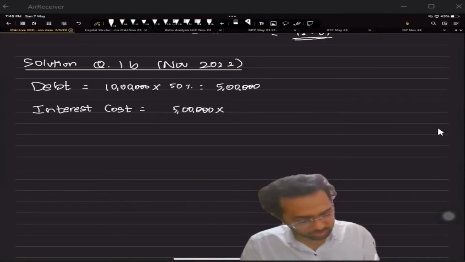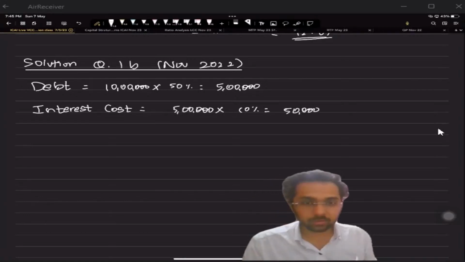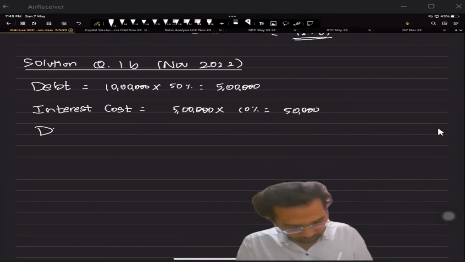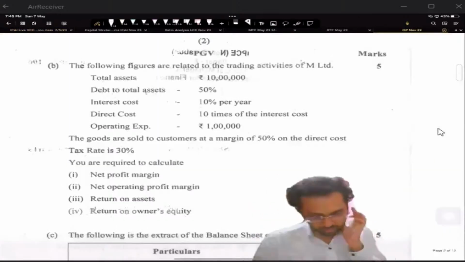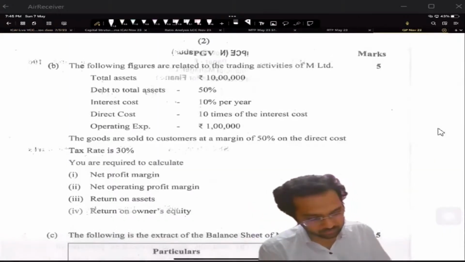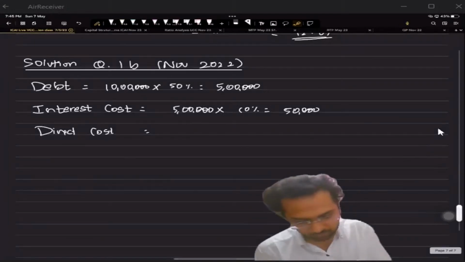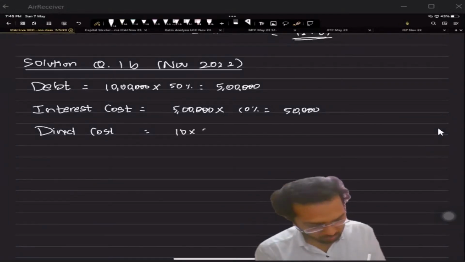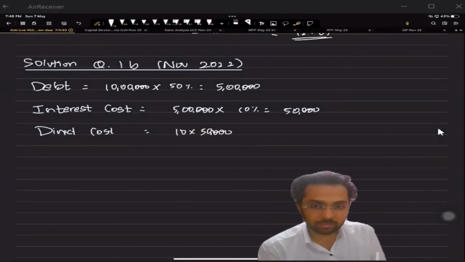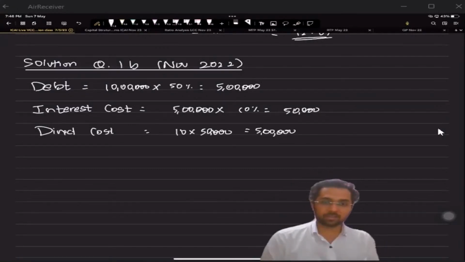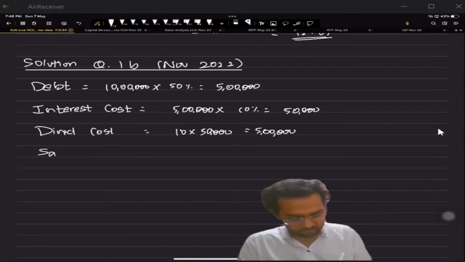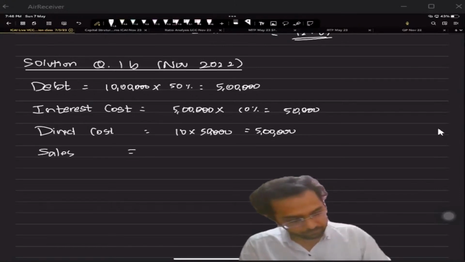On this 5 lakh, the interest cost was 10%, which is 50,000. Also, direct cost is 10 times of the interest cost, so it is 10 into 50,000, which is 5 lakh. That's the direct cost. Then you have the sales figure.